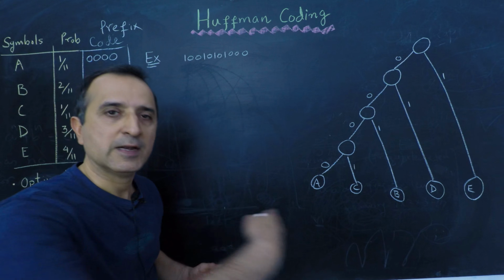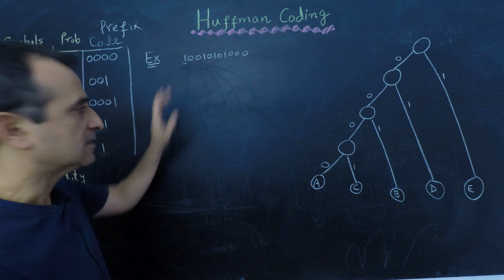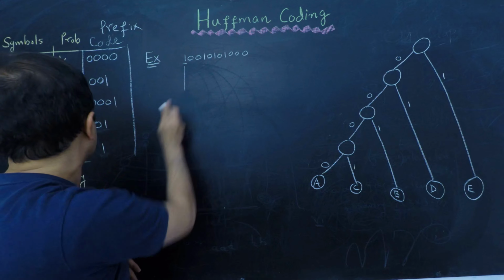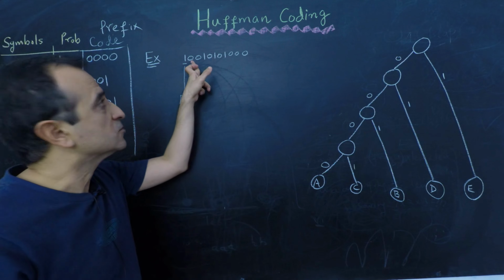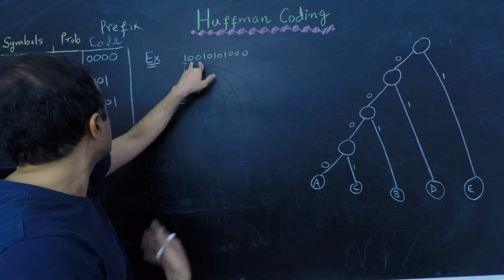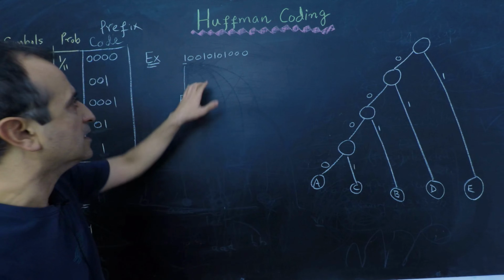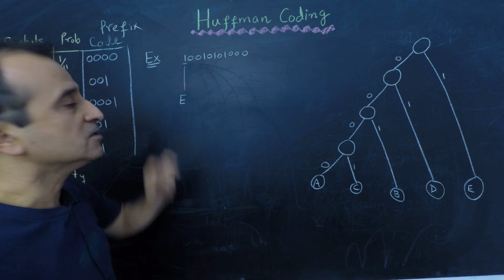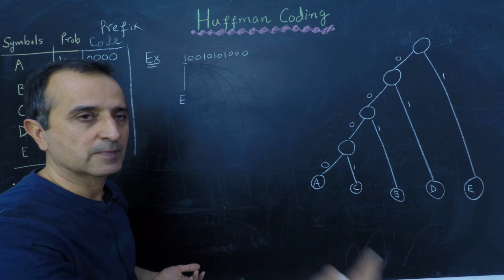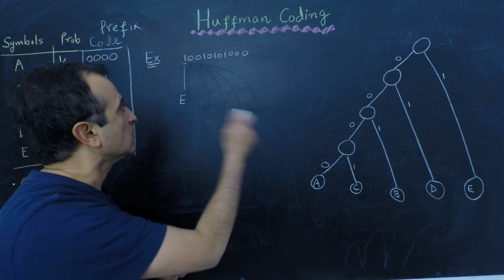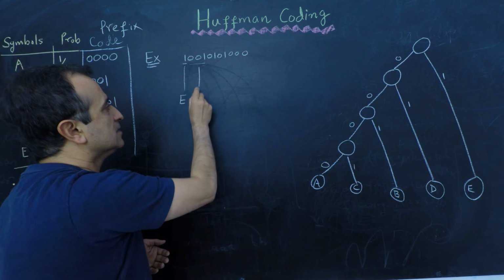So we don't have to look ahead. 1 is a valid code word, therefore we immediately replace 1 with E. 0 is not a valid code word, so we look at 0, 0. 0, 0 is also not a valid code word, so we look at 0, 0, 1, and 0, 0, 1 is the first valid code word.